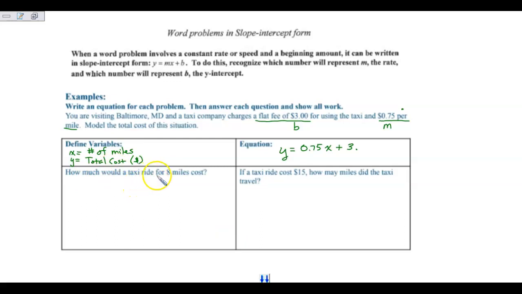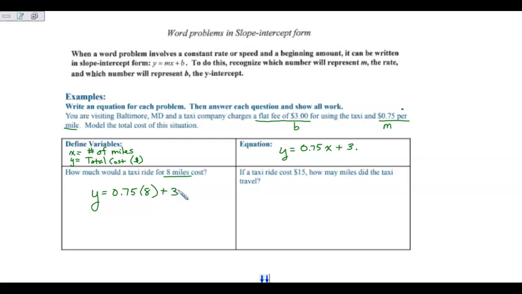So now they want to know how much would the taxi ride for 8 miles cost. And so if I want to know for 8 miles, which one was miles? Was that x or was that y? That was x. So I'm going to substitute 8 in for x. So I have y equals 75 hundredths times 8 plus 3.